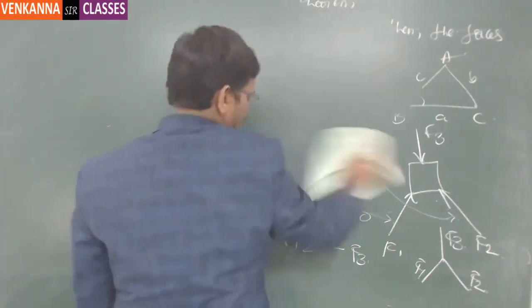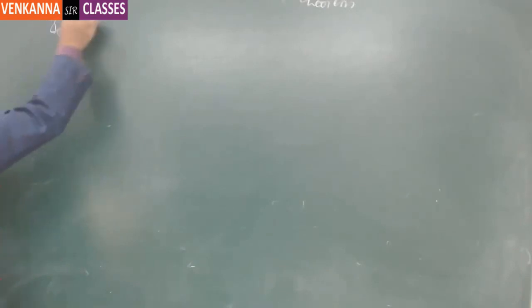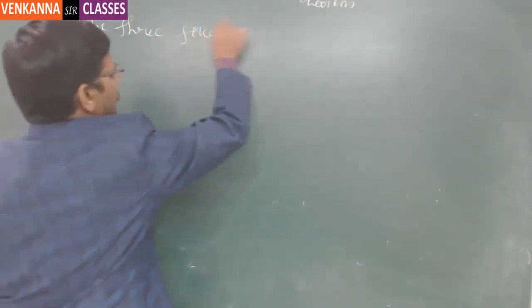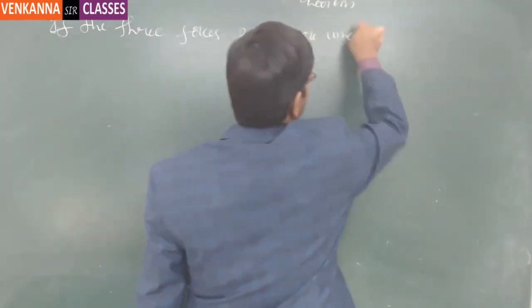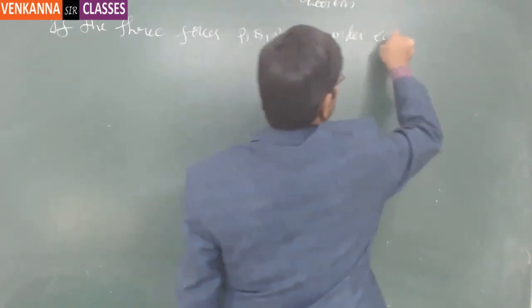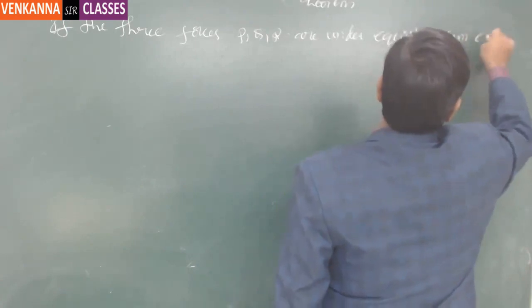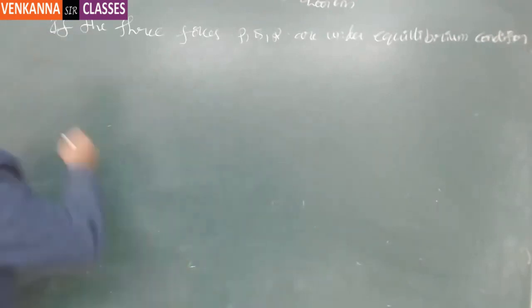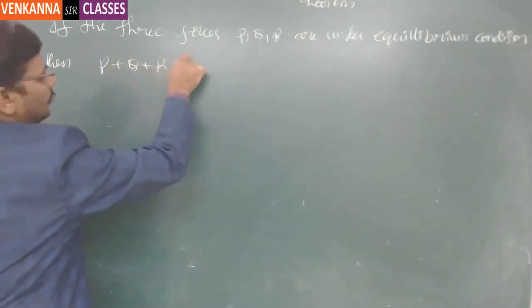If three forces P, Q, R are under equilibrium condition, then P plus Q plus R equals 0, obviously.